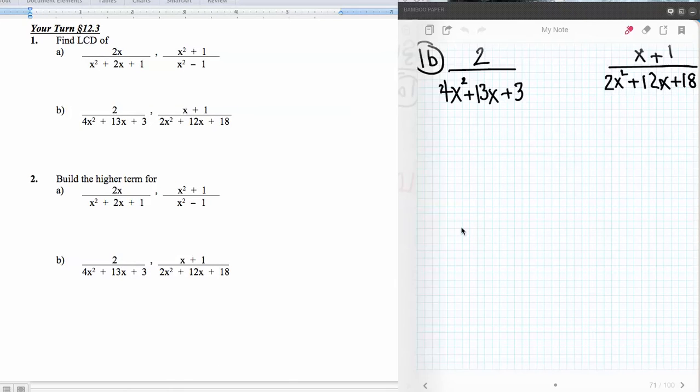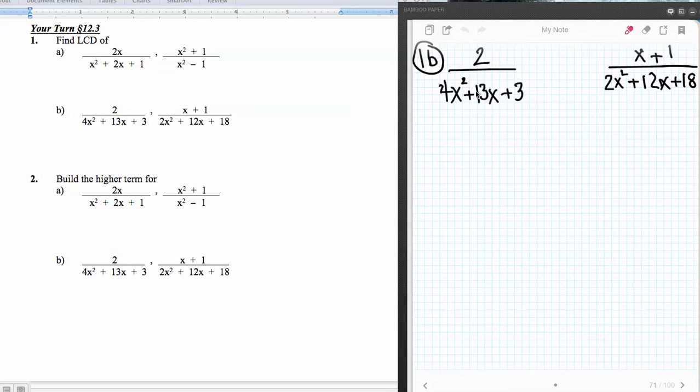Now moving on to our second one here, we have factoring a denominator down here where we have a leading coefficient. So we can say 4 times 3, which is 12, and then the factors of 12: 1 and 12, 2 and 6, or 3 and 4, which are going to sum to 13. And so I see that 12 and 1 are the factors that sum to 13.